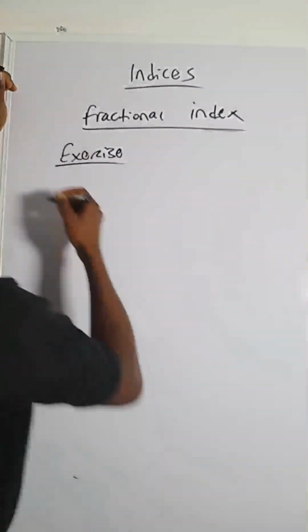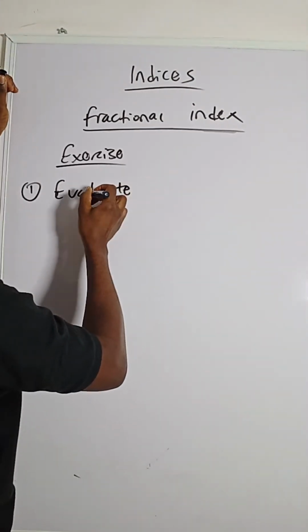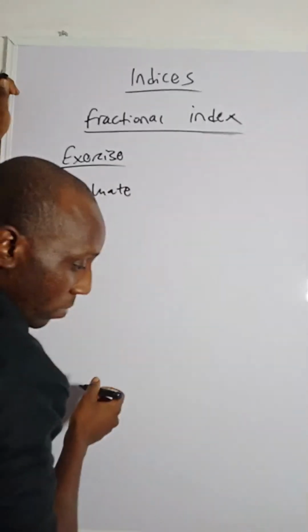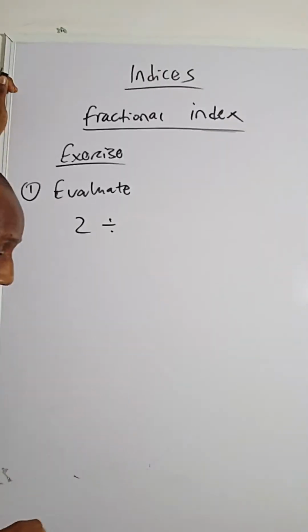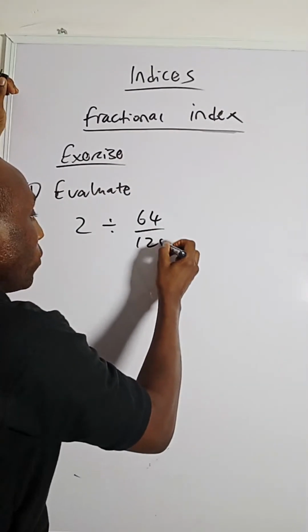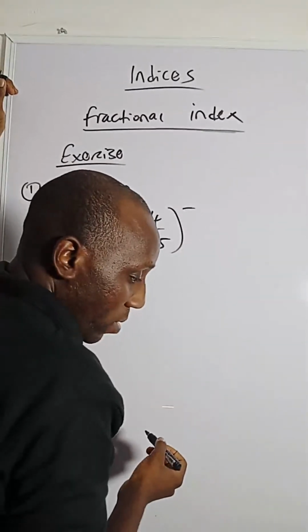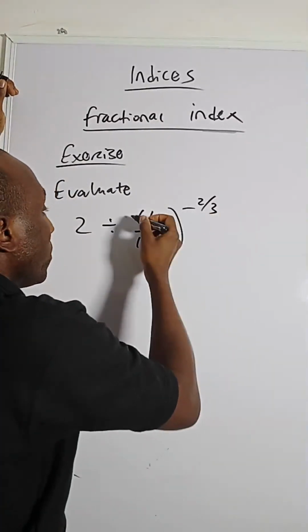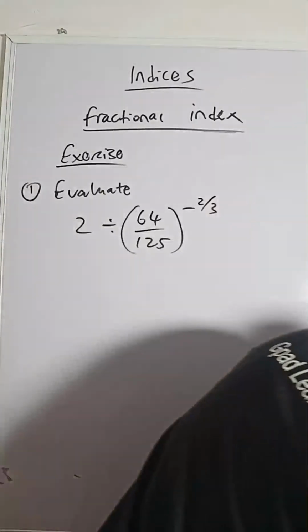Evaluate 2 divided by 64 over 125 raised to the power of -2/3. So here's the question for you to try.